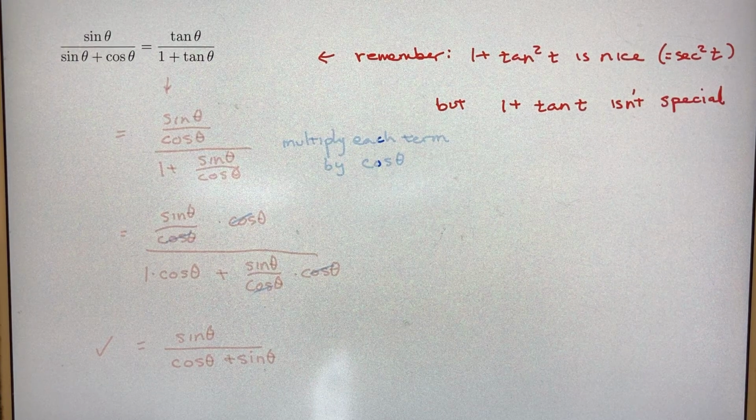You have to have the squaring in order to do that cute trick with the identities. So I think instead, this time I'm going to simplify the right-hand side, see if it can be turned into the left side. I have sine over cosine on the top.